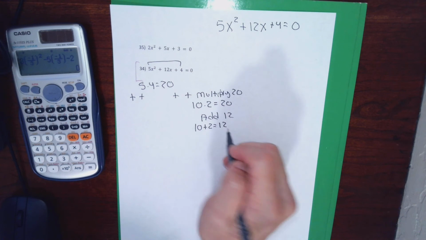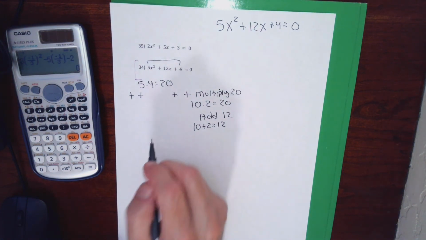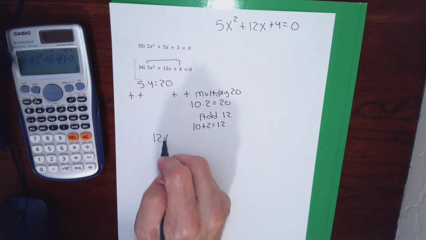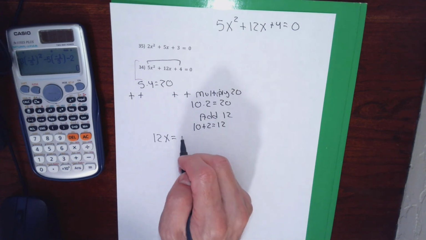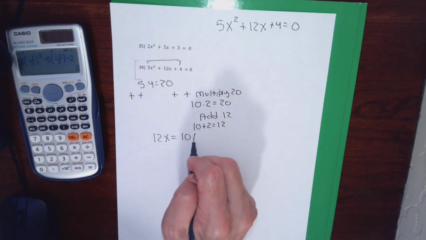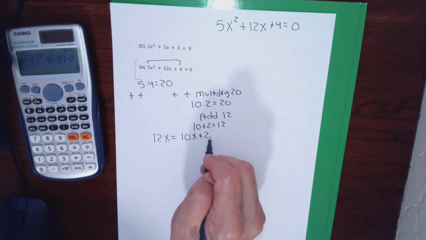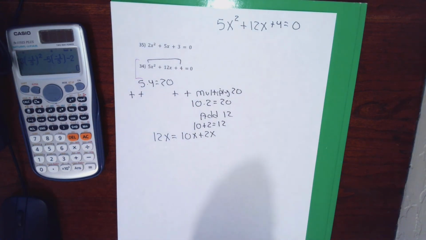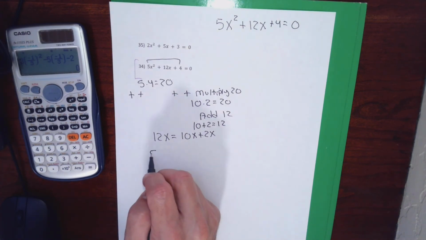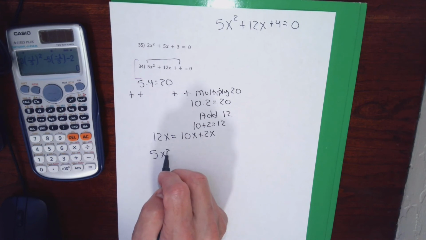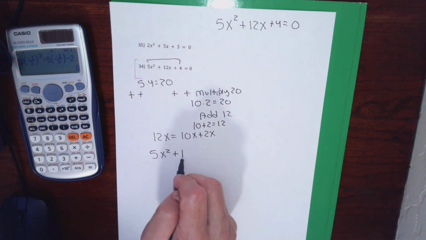10 and 2, double positive. They add to 12. So that gives me the knowledge of how to rewrite the 12x. And there isn't a good number to plug first. It doesn't matter if I say 10x plus 2x or 2x plus 10x. When they're both positive, it absolutely doesn't matter the order that you write the separation in.